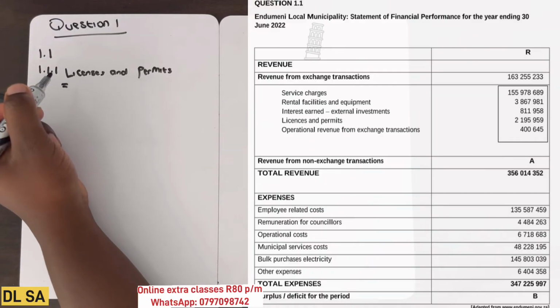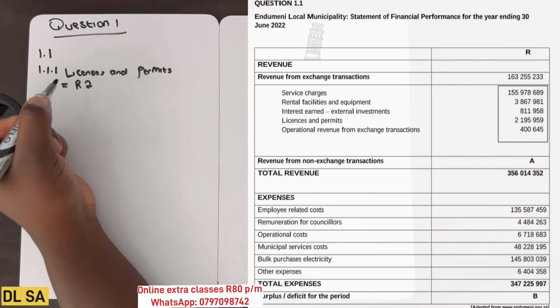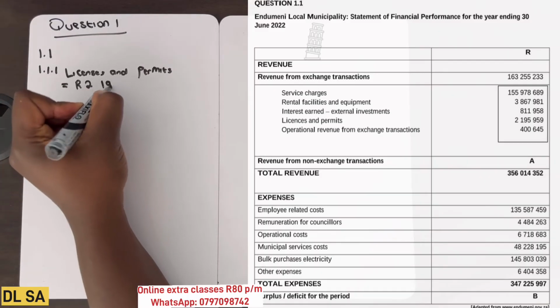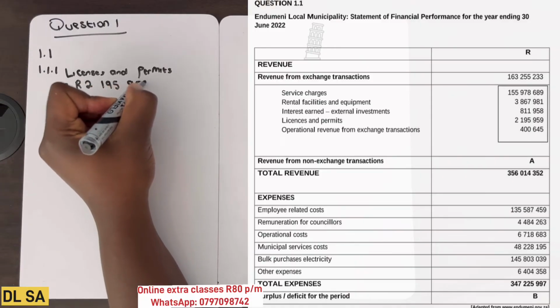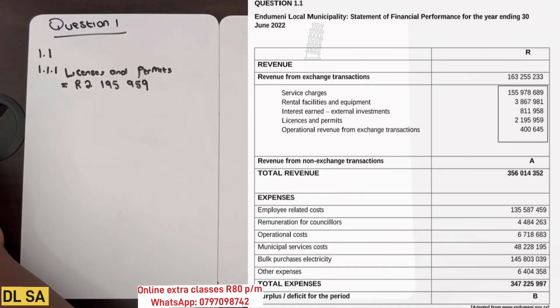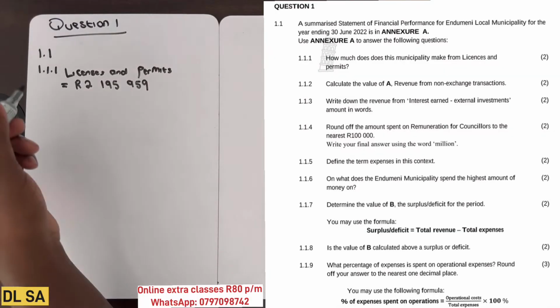In that portion, licenses and permits was 2,195,959. So it's part of the municipality's income.